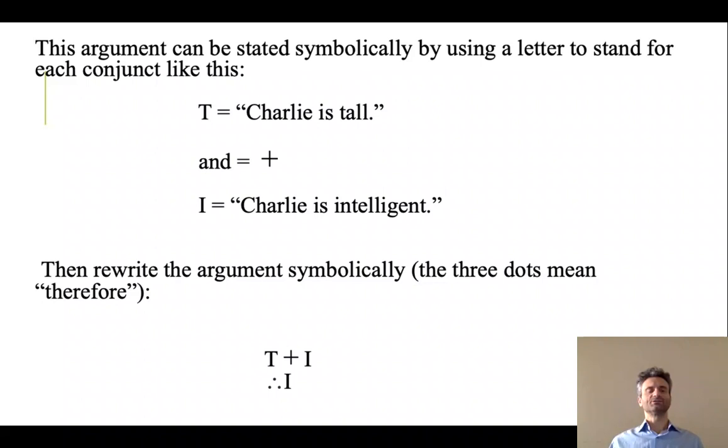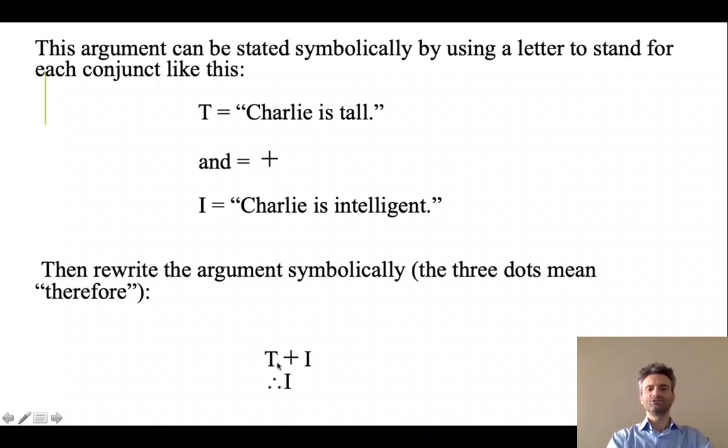So we have to decide which letter we are going to use for which statement. So I chose T, as I said before, for Charlie is tall. The plus sign is the conjunction, the "and", and the capital I is for Charlie is intelligent. So as I said, the point of symbolic logic is to be able to symbolize arguments, and we can symbolize that argument, as you can see here on the bottom of the screen.